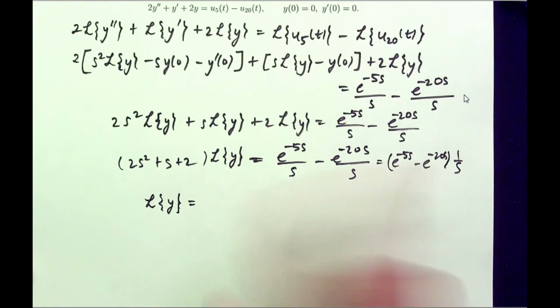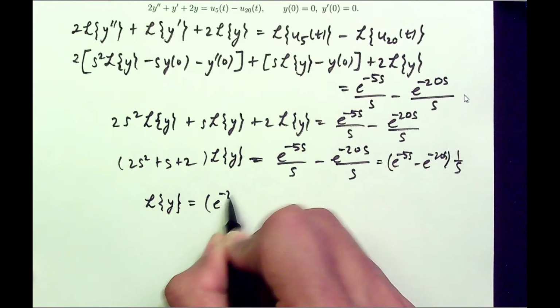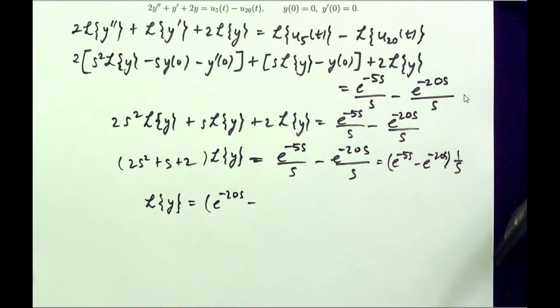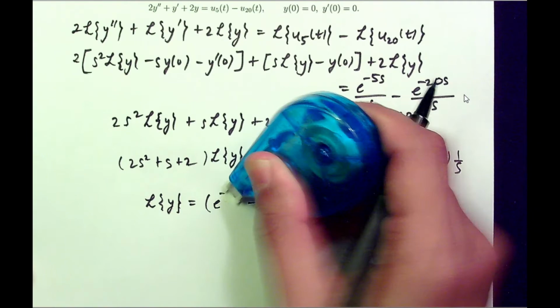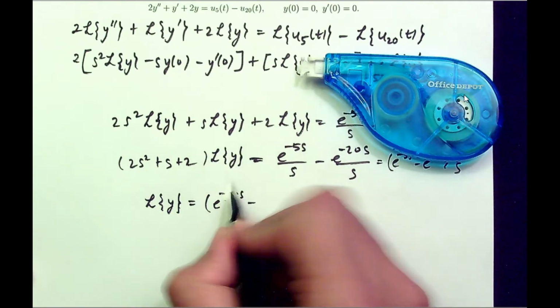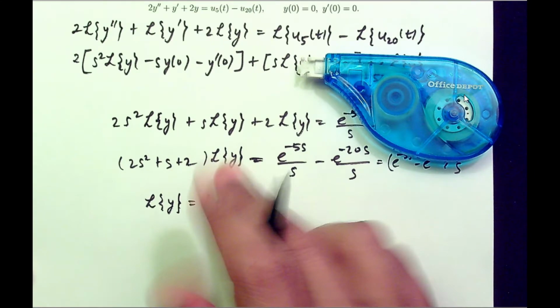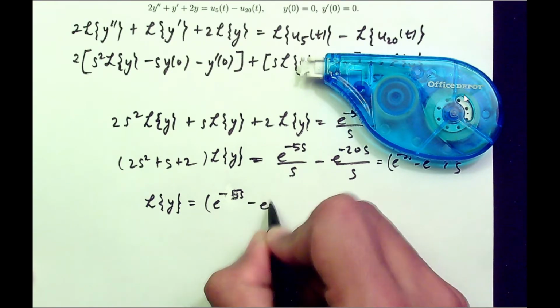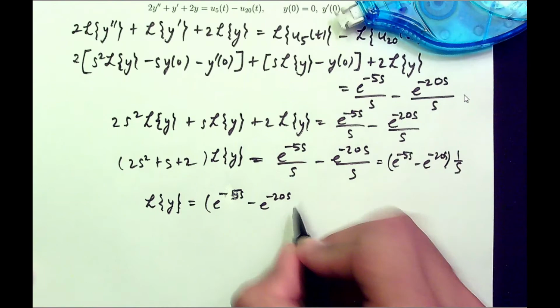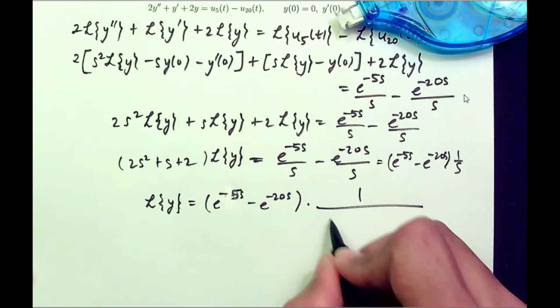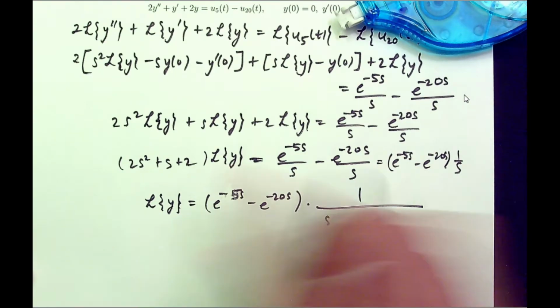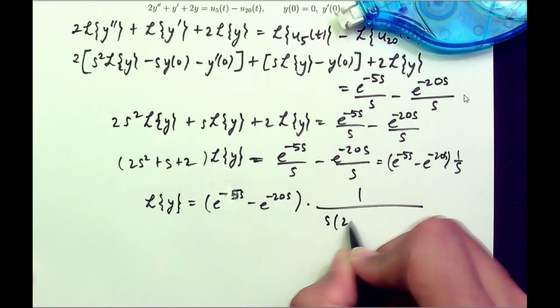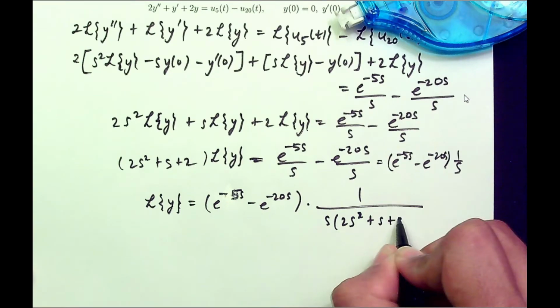And then what we get here is e to the negative 5s minus e to the negative 20s times 1 over, and then you have this s, and you have that. So this is 2s squared plus s plus 2.